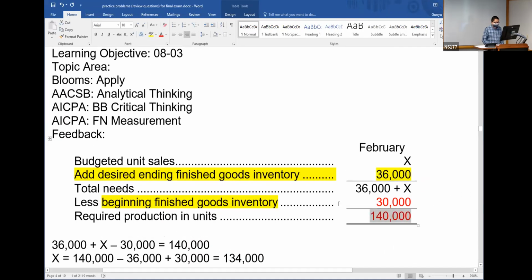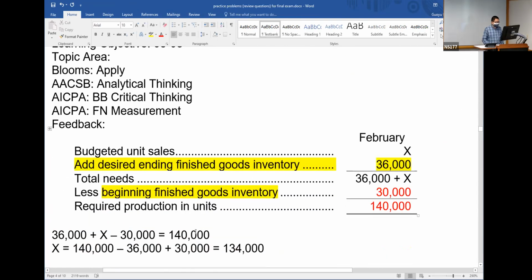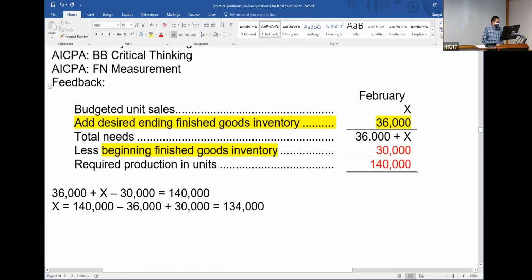This number is again from the question. Once we have all this information, we can set up this equation, and from this equation we can solve for X, which is the budgeted unit sales in February.